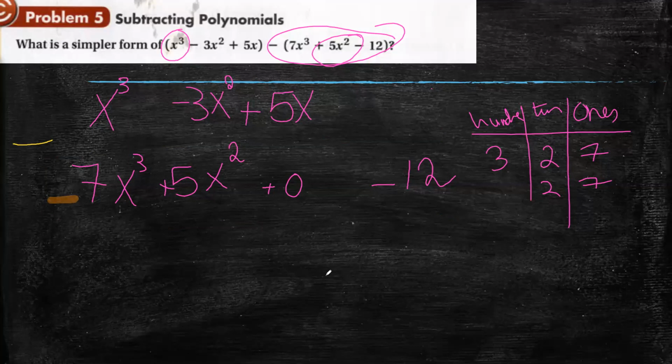The opposite of positive 7 is -7. Now look at the next one. It is positive 5. What is the opposite of positive 5? Negative 5. And look at the last one here. It is -12. What is the opposite of -12? Positive 12.